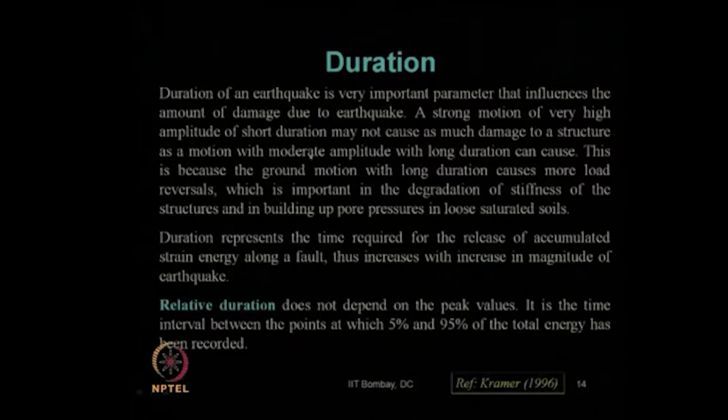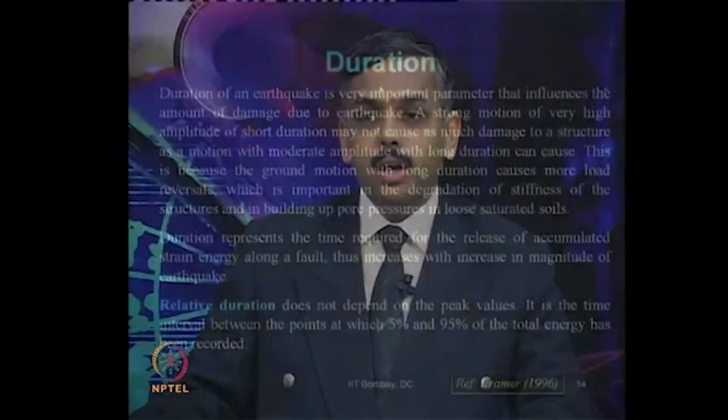Now, let us see another parameter which is known as duration. This is another important parameter out of those three to quantify any earthquake. As I said, the three important parameters are amplitude of earthquake, frequency content of earthquake, and duration of earthquake.